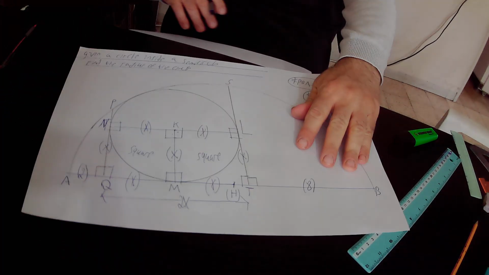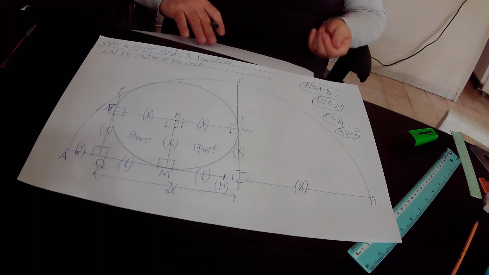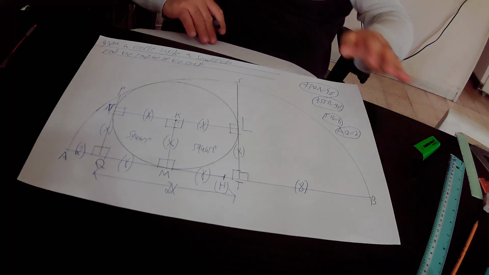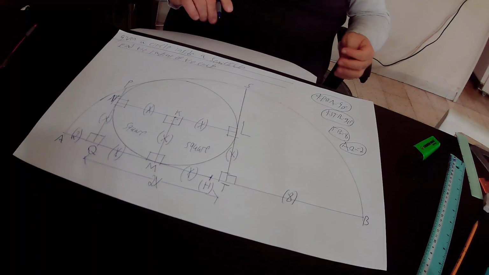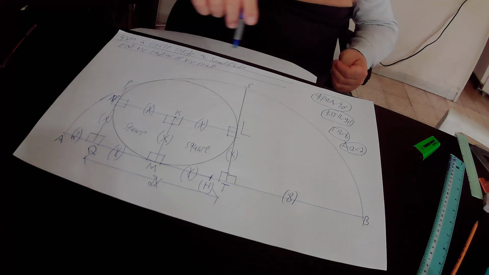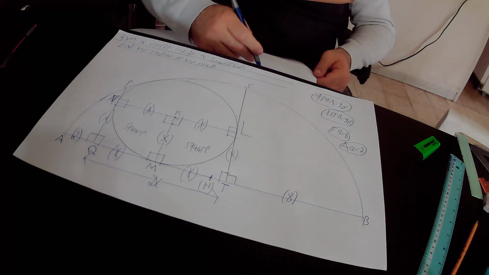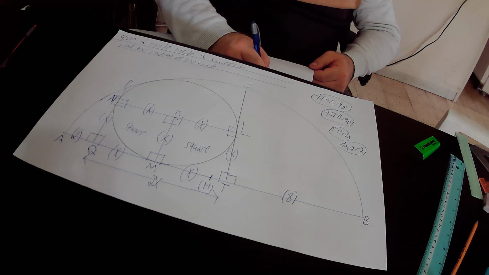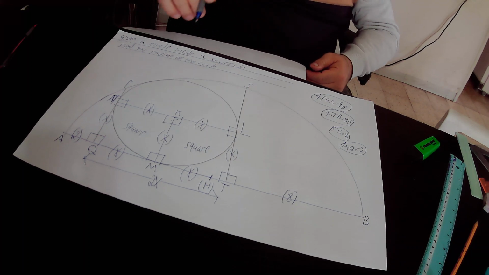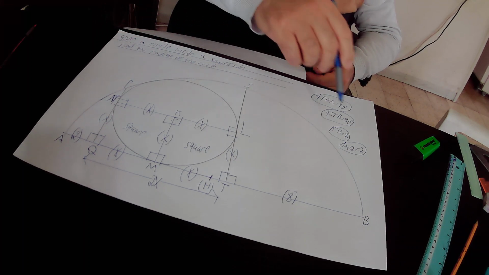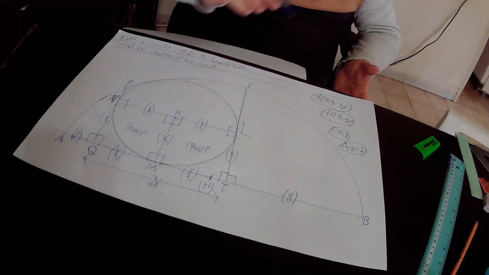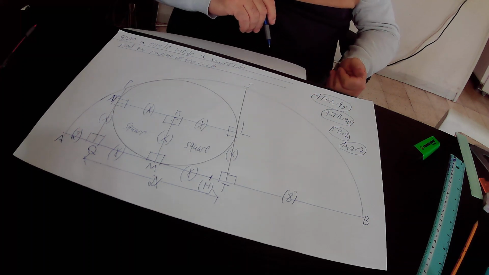What is the radius of the big semicircle? We define the radius of this big semicircle as capital R. What is the value of capital R? That is the radius of the semicircle according to our definition.